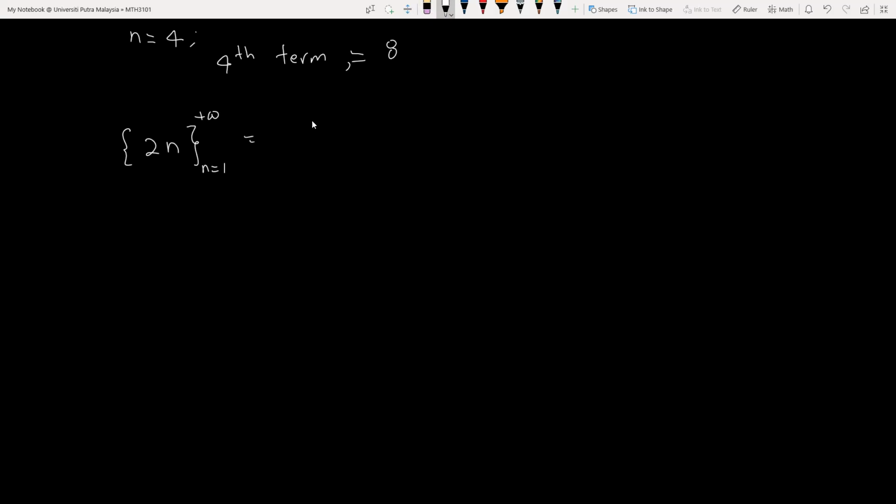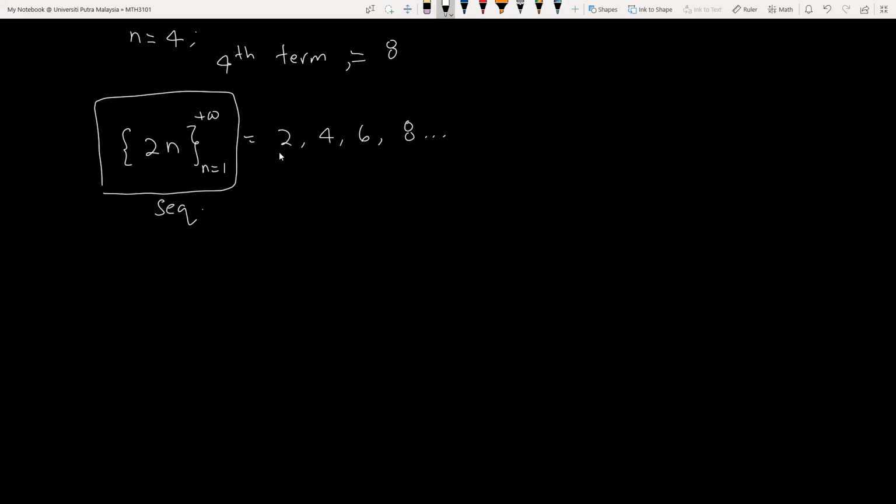So this equals 2, 4, 6, 8, and so on. So this is how you write the sequence. It is like a set of numbers.